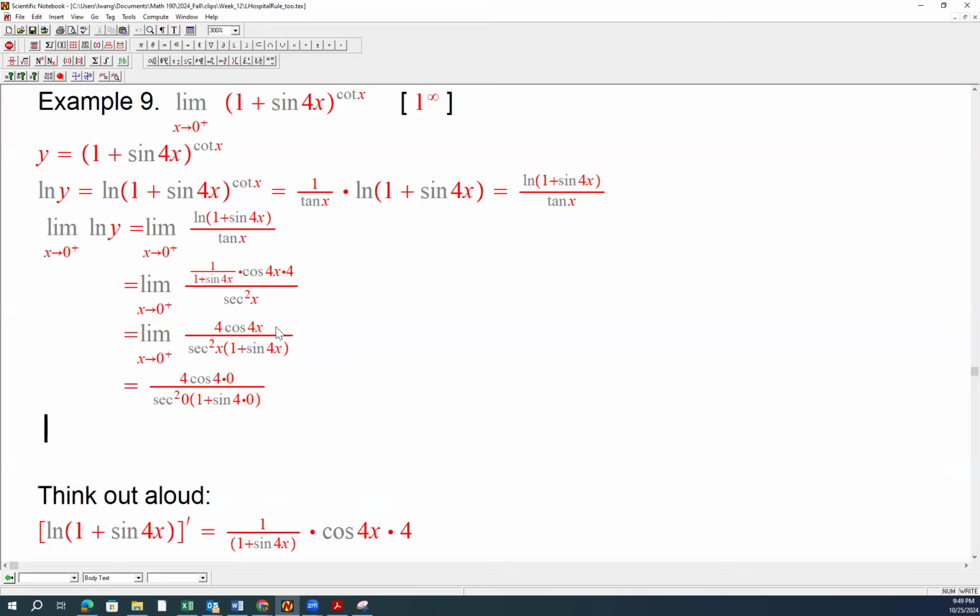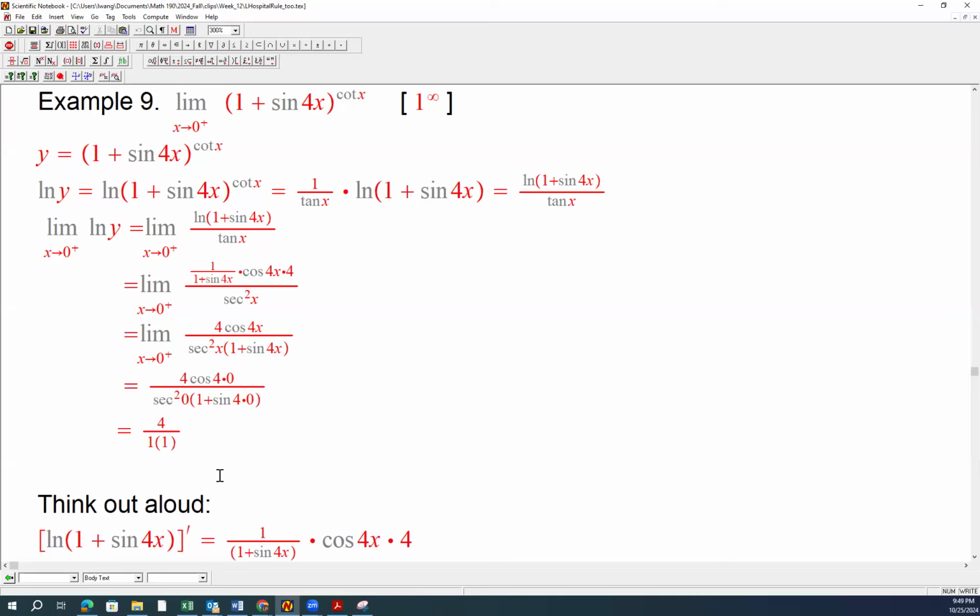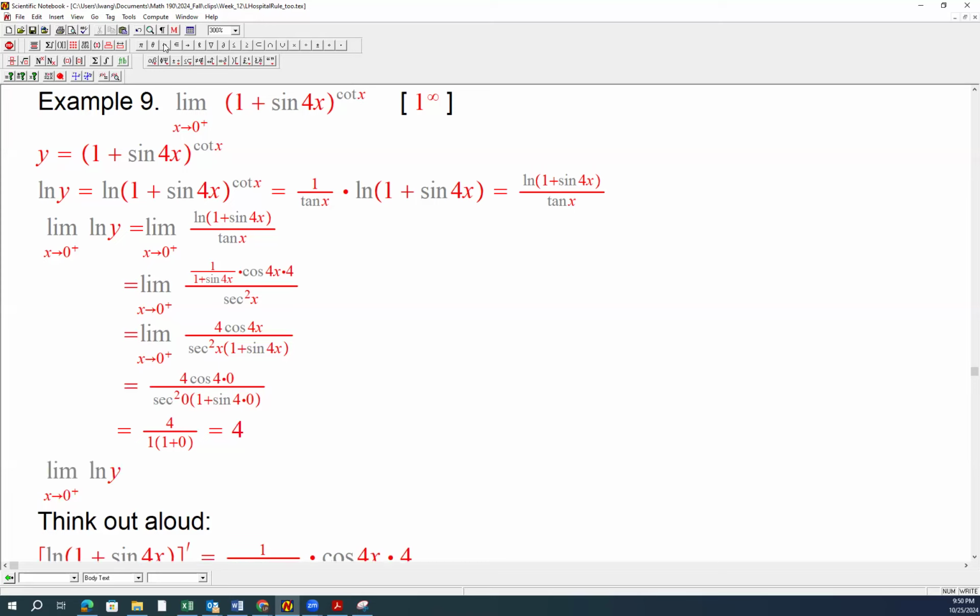The top is equal to 4 because cosine 4 times 0 is cosine 0. Cosine 0 is 1. Secant 0 is 1. Inside the parentheses, 1 plus 0. So the final answer is 4. Okay? So what we got is that the limit of ln y equals 4.